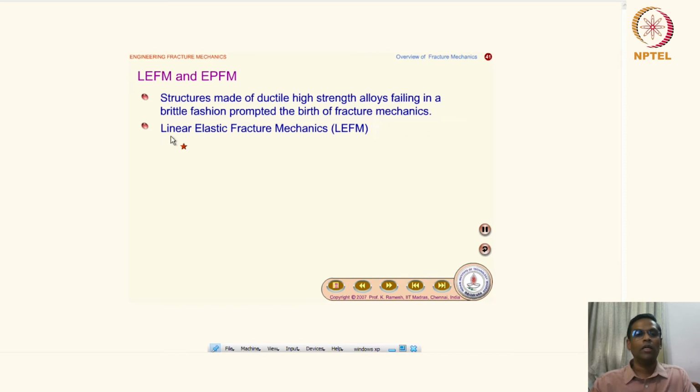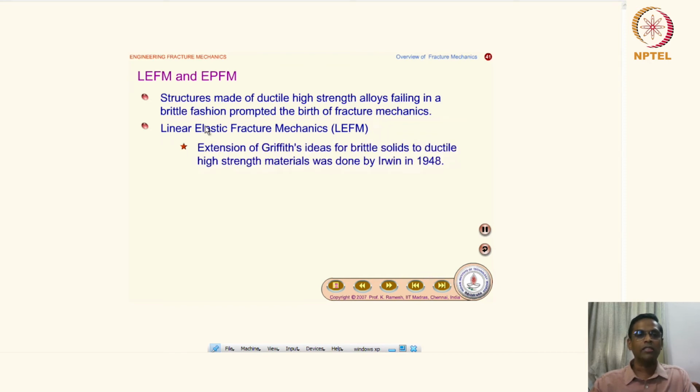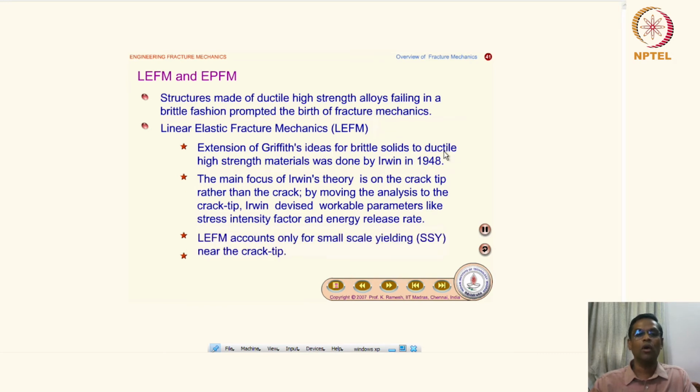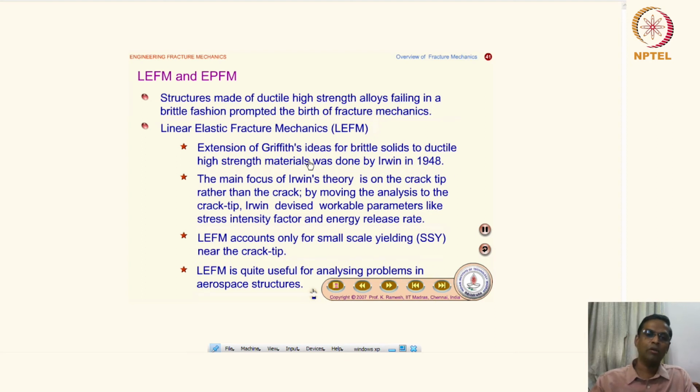So linear elastic fracture mechanics, which deals with the extension of Griffith's ideas for brittle solids to ductile high strength materials, was done by Irwin in 1948. Though Griffith gave ideas for only brittle solids, Irwin extended those to high strength materials.